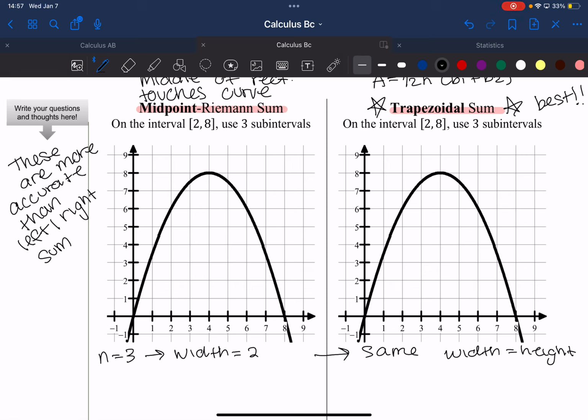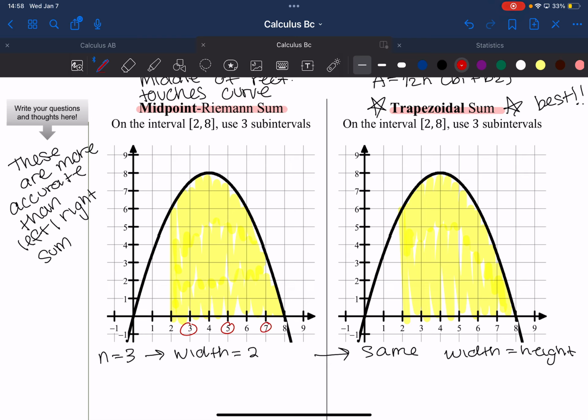Okay, so since the midpoint one is using the middle points, first I'm going to just shade from 2 to 8, like I did on both of the previous 2. So now if I'm looking at the interval 2 to 8, I need to pick the middle numbers. And so in this case would be 3, 5, and 7.